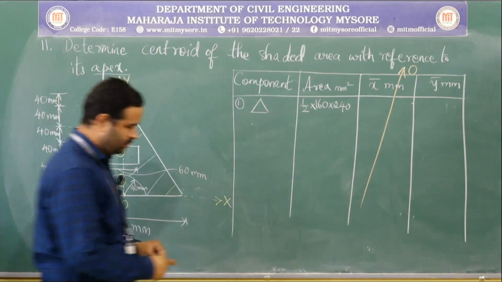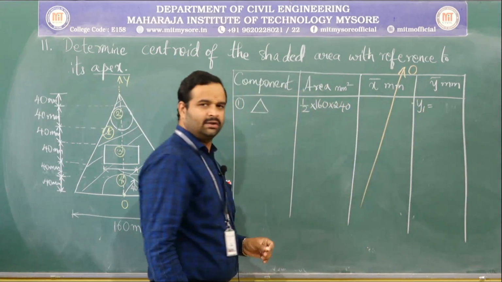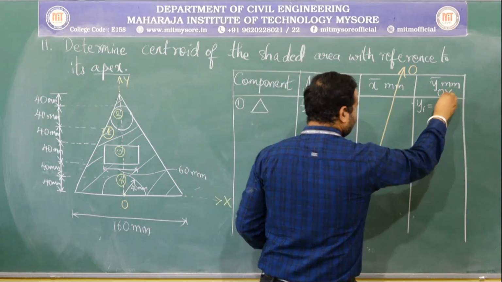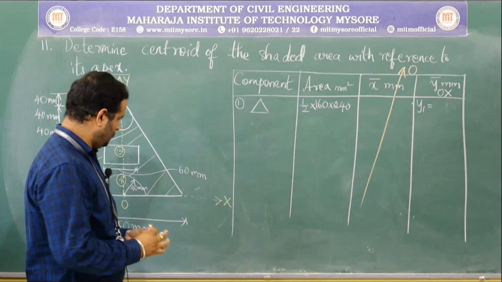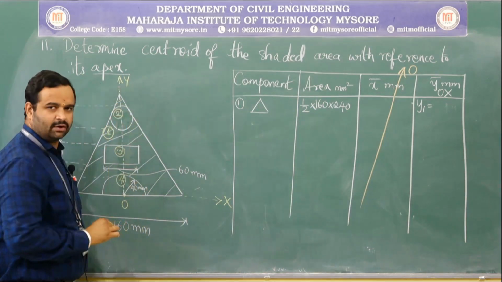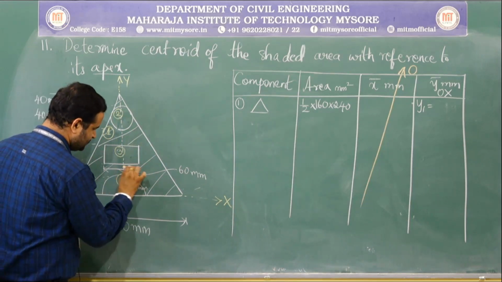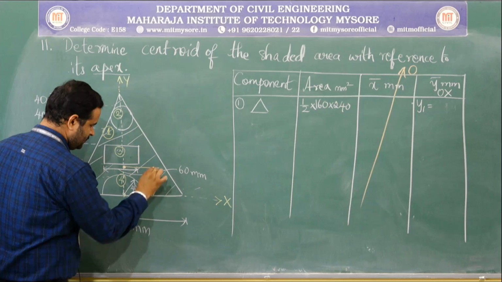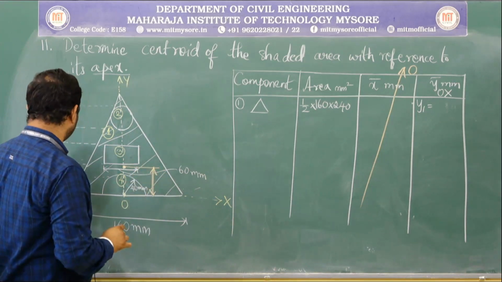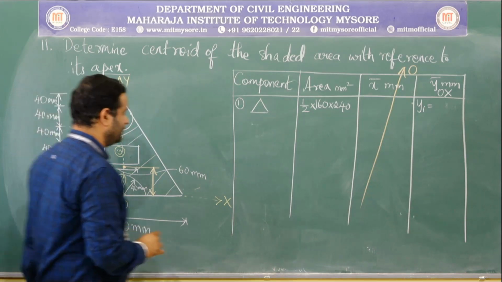What about its y component? That is nothing but y1 with respect to the given axis. From this axis, try to locate the center of component 1. It will be located somewhere here, which is equal to how much? H by 3. So, total H is how much? 240. 240 by 3 is 80.